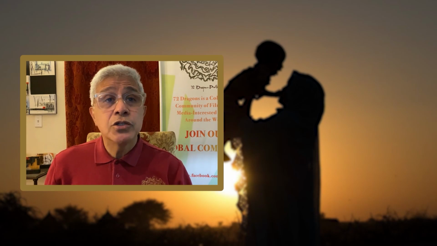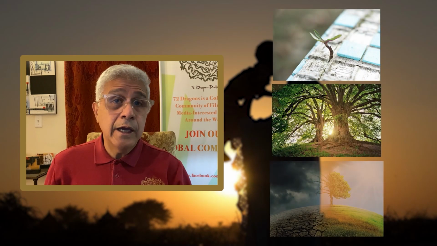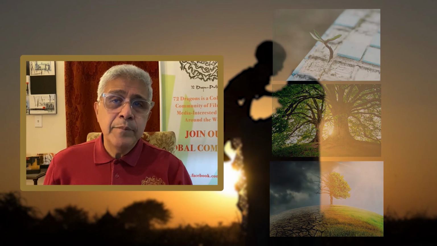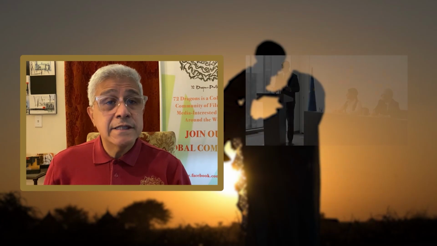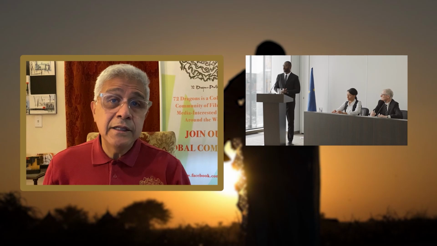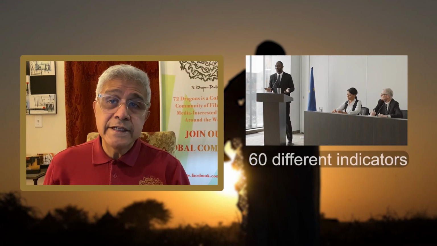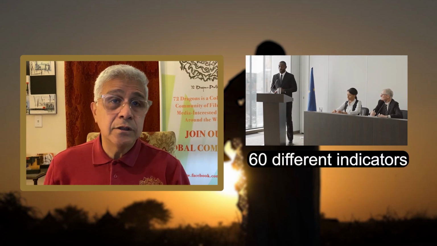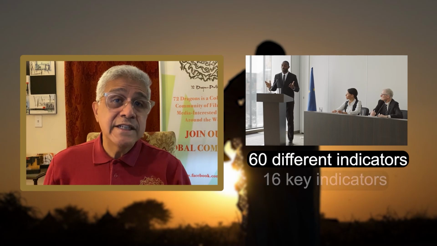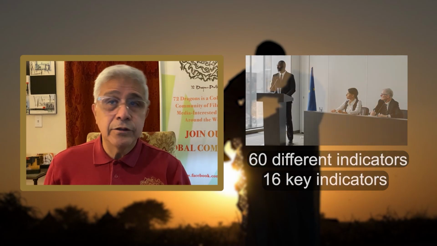The three main components of this strategy, survive, thrive, and transform, can be elaborated as the steps adopted by the initiative that works on 60 different indicators, of which 16 are the key indicators.